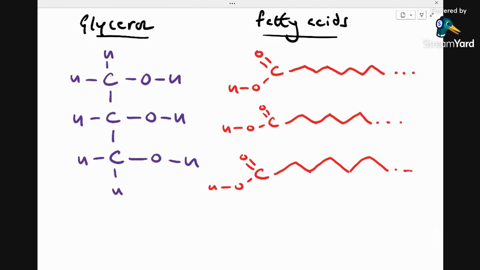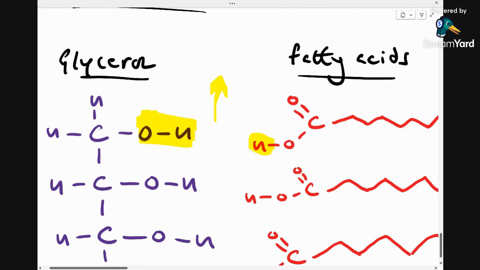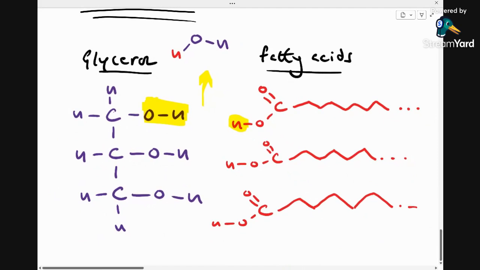Because we have these OH groups so close to each other, the OH from the glycerol here can combine with the hydrogen from the fatty acids. So I'm going to highlight both of these groups like this. And they are going to be released as a molecule of water. The water is going to be made up of an oxygen and a hydrogen from glycerol and a hydrogen from the carboxylic acid of the fatty acid tail.